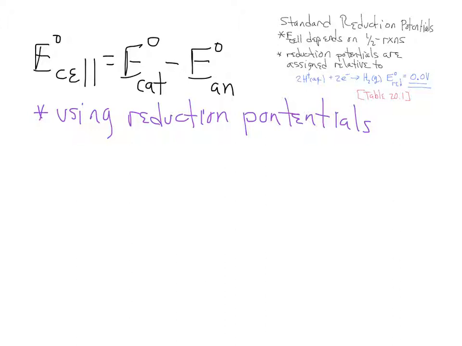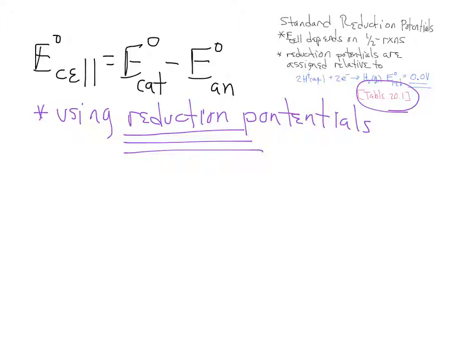It has you flip around that reaction, and so you flip around the potential. So you come out with the same answer, but just be aware that there's a difference between what the textbook and what I show you, and your lab manual is going to show you something different. So you can use either one as long as you're consistent. I like this way because we're only using reduction potentials that we find in table 20.1. Okay?